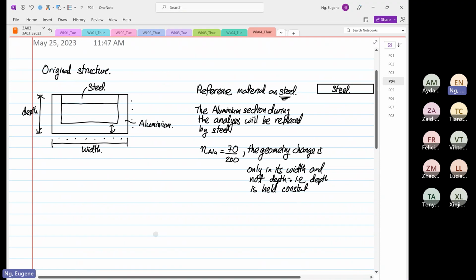So remember, if I were to draw our transformation over here, this is the cross-sectional view.